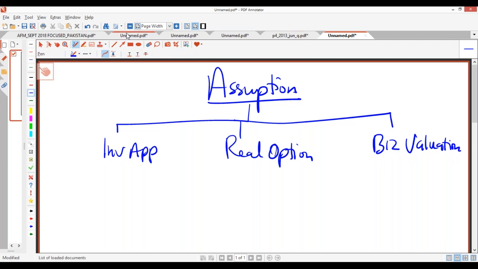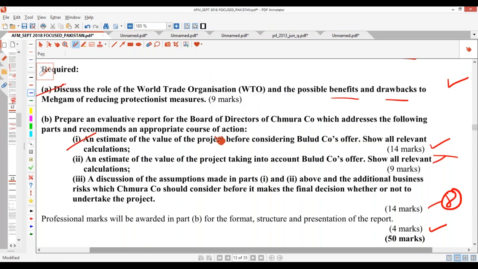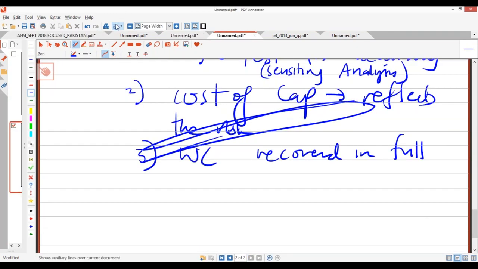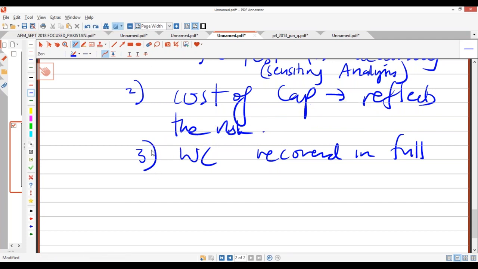Now coming back here. Sorry, it's no more 10 minutes. Okay, oopsie. So working capital is recovered in full. Maybe we'll go on to some foreign investment appraisal. What are the foreign investment appraisal assumptions we're going to say?